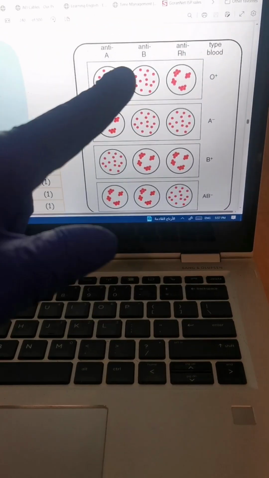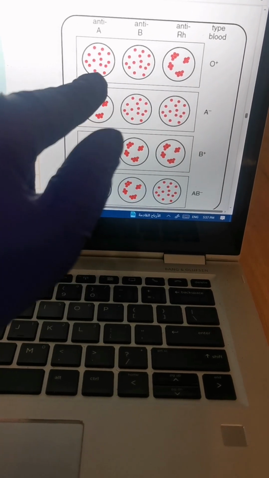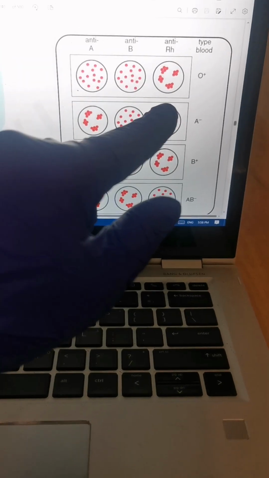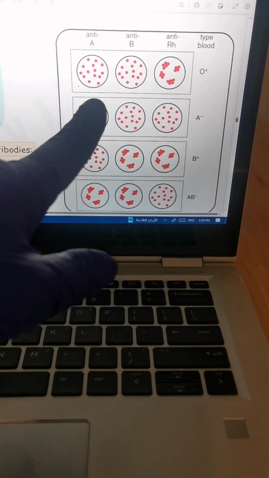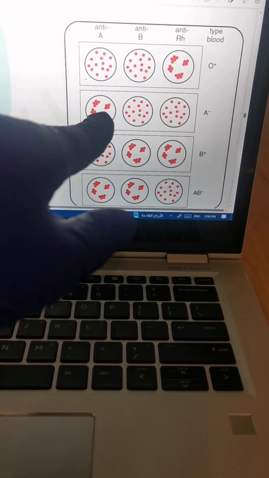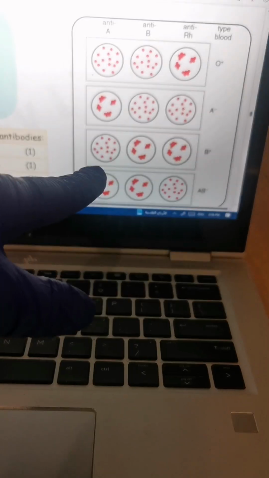Let's take some examples. For this blood group, nothing happened in A and B, so it's O. Is it positive or negative? Sure, it will be positive, because in RH, clumping happened. What about the second one? Only the A clumped together, agglutination happened only in A, so this blood group is A negative because nothing happened in RH. What about the third one?